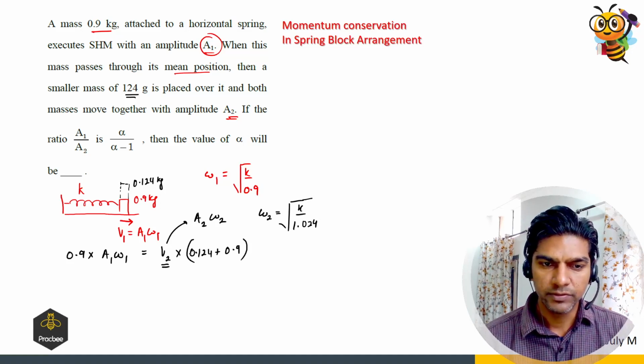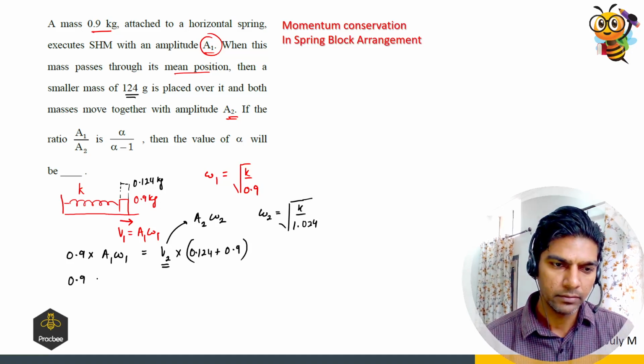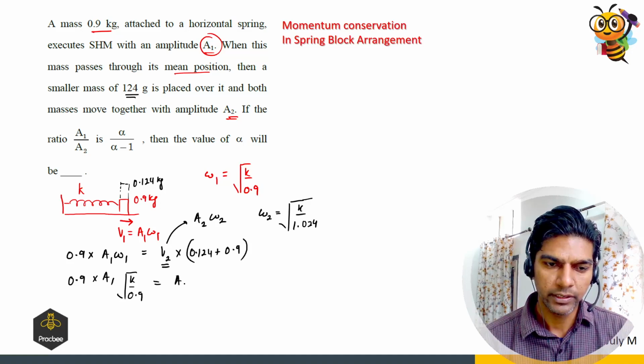Now let us substitute these values. So we have 0.9 times A1 times root of K by 0.9, equals A2 times root of K divided by 1.024, times 1.024.